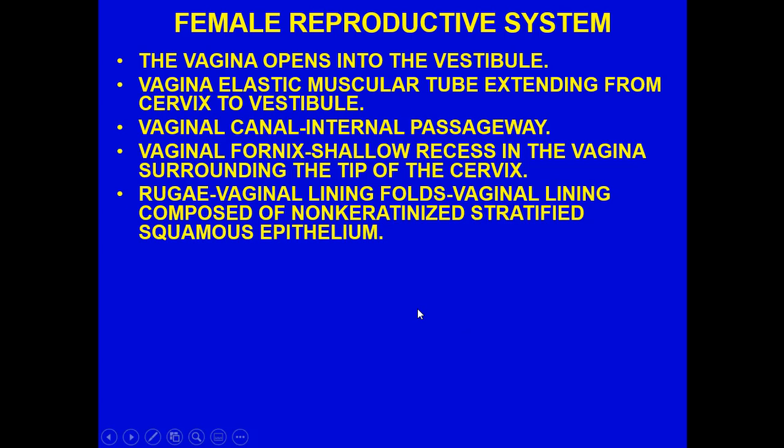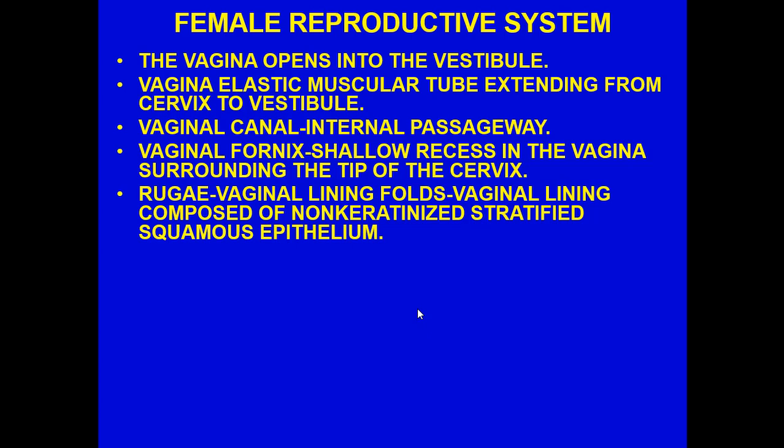Now, the vagina opens into the vestibule. The vagina is an elastic muscular tube extending from the cervix to the vestibule. The vaginal canal is an internal passageway. The vaginal fornix is a shallow recess in the vagina surrounding the tip of the cervix. And the rugae, this is the vaginal lining folds.